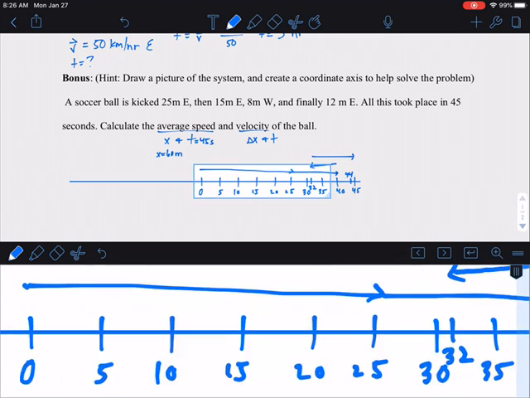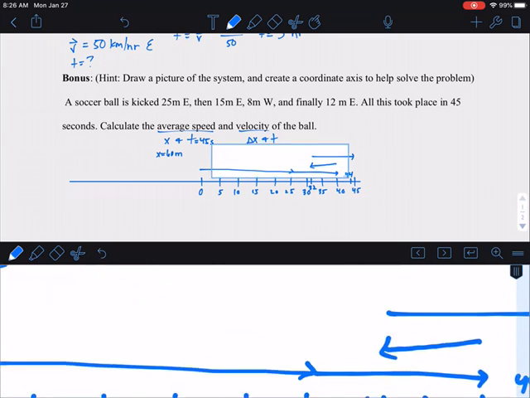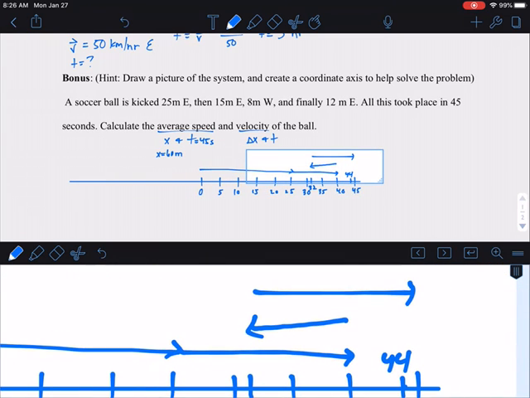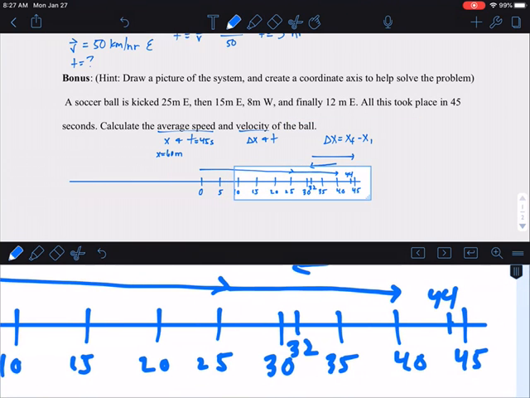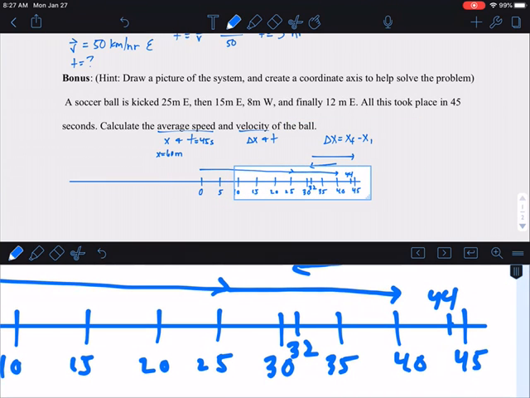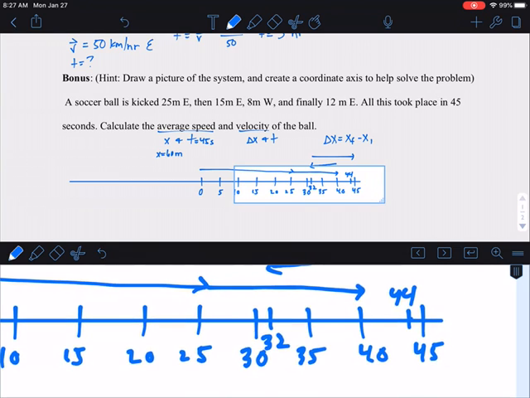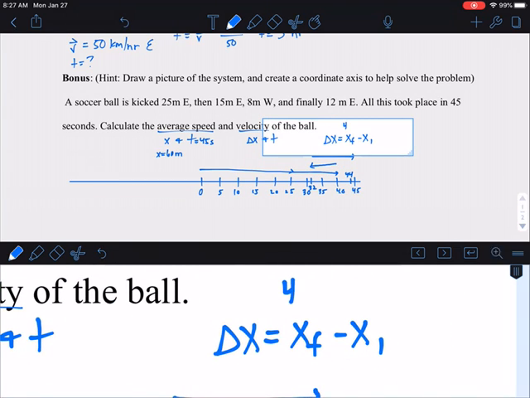Now we got to figure out, okay, what was our total displacement? What was our final? What was our initial? So displacement is equal to final position minus initial position. We look at our number line, we ended at 44 meters. So our final was 44 meters.